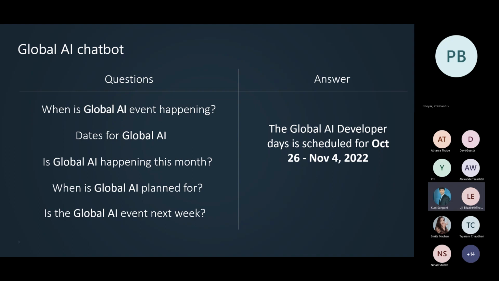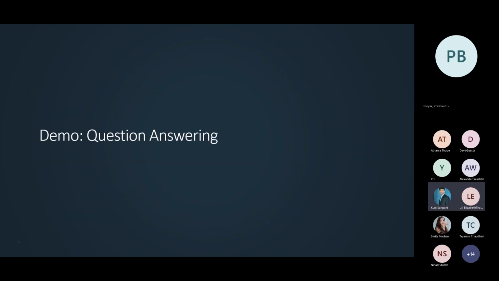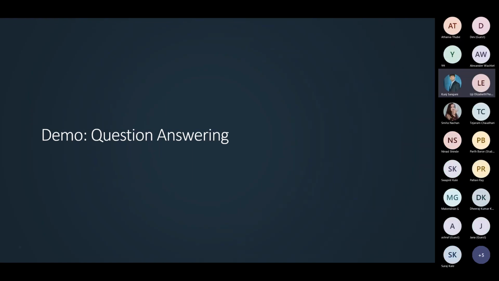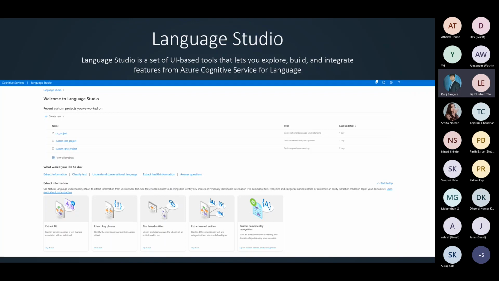So good news is that we have AI services to support these kinds of capabilities. So let me quickly demo the question answering service for you. If you come from a C# or other background, you can easily invoke the APIs for this and write the code. But for the sake of this demo and for the sake of time, what I will be using is the Language Studio.